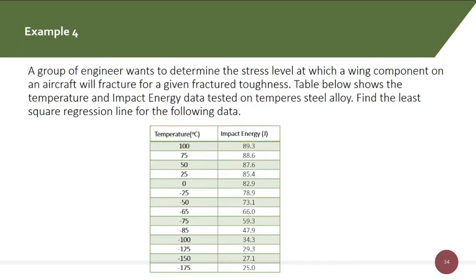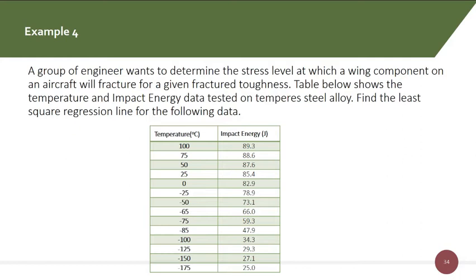Before you start, you have variables for temperature and impact energy. It is important for you to know which one is the independent and which one is the dependent variable. As we can see here, impact energy depends on the temperature of the tempered steel alloy.